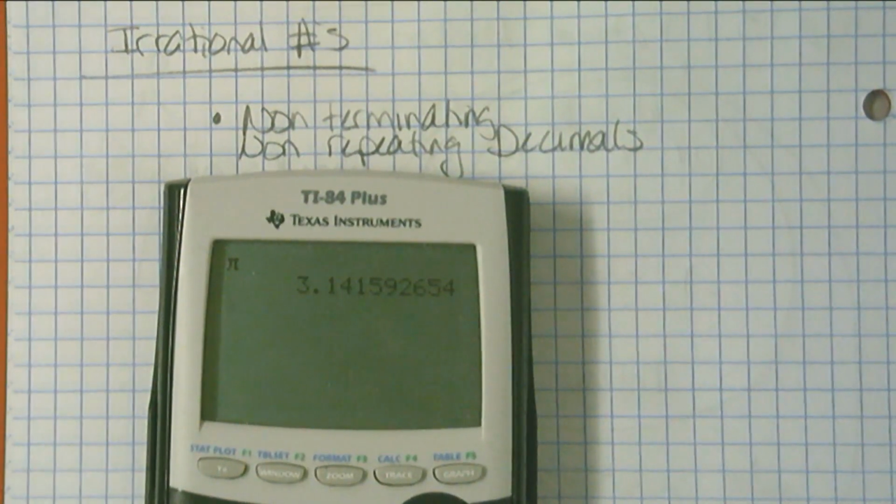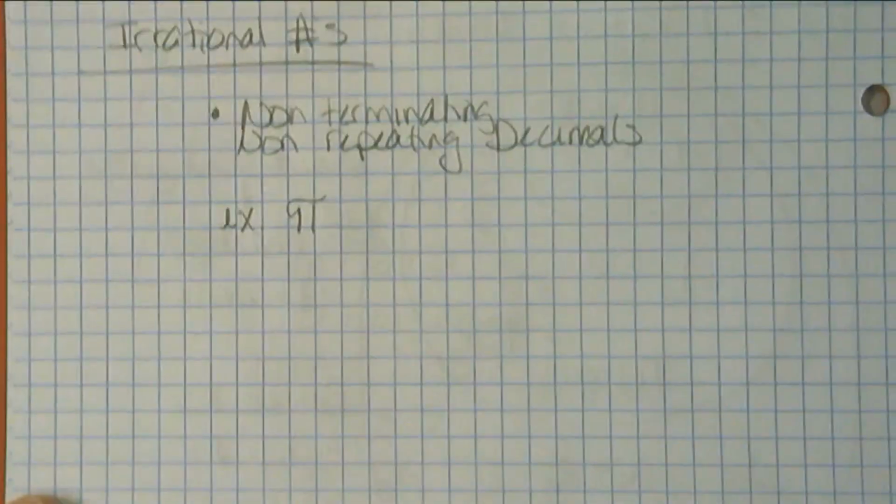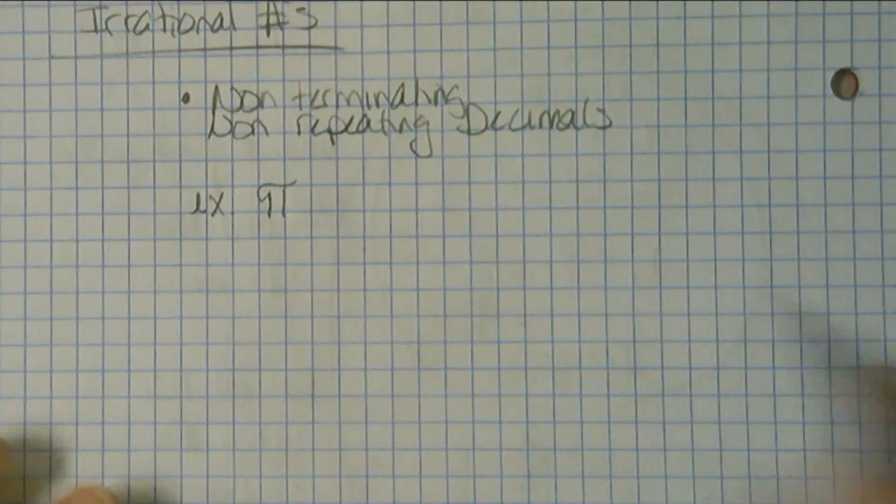Mine only goes up to that number of digits, but it never stops. 3.14159. I've never had to memorize that because I don't really care. You know it, Molly? I used to know 50. I don't remember. That's awesome. Nope, I just remember 3.14, because if you use it in math and you don't have a calculator, that's what you would use. All right, so pi is considered a non-terminating, non-repeating decimal.